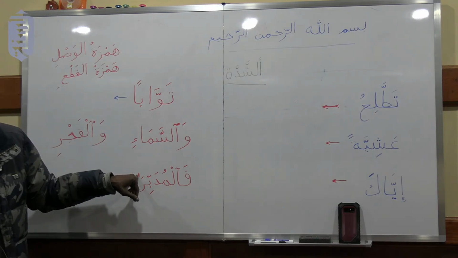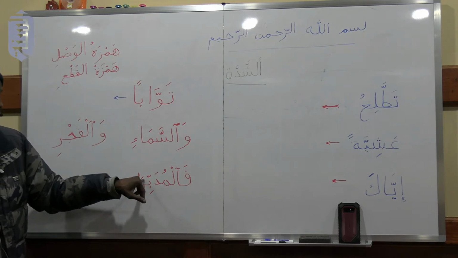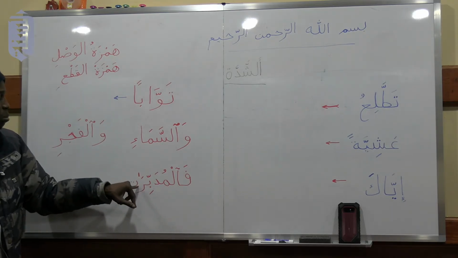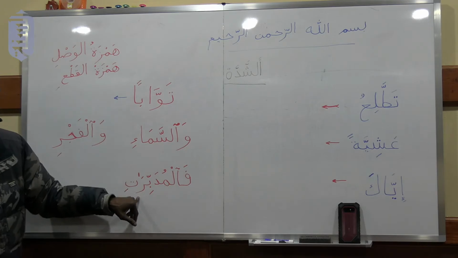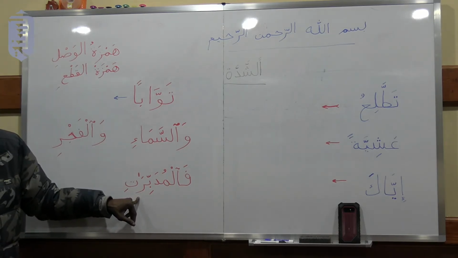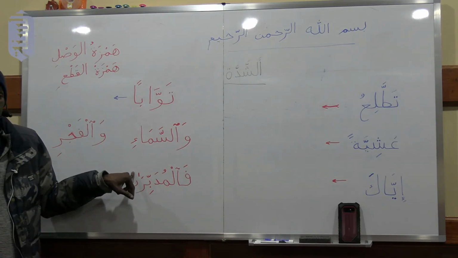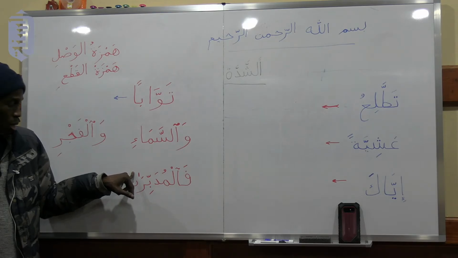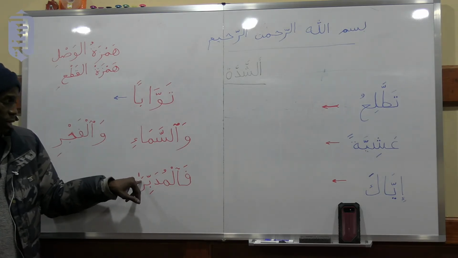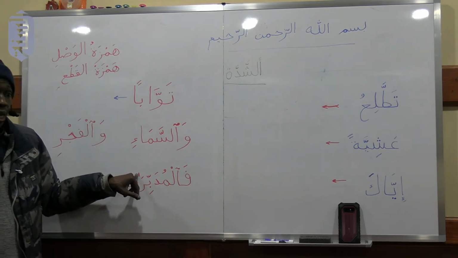Hold it to make the ra a little longer. Not the ra, but this fatha. But how do you spell that combination is what I'm asking. Fatha alif saghira. Okay, you're on the right path. So ra, fatha, alif saghira, ra. When you see this alif, you cannot spell it by itself.